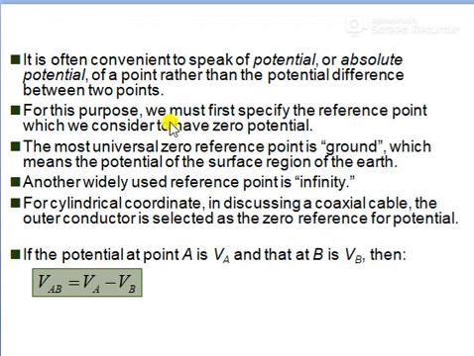For this purpose, we must first specify the reference point which we consider to have zero potential. The most universal zero reference point is ground, which means the potential of the surface of the earth is zero potential. Another widely used reference point is infinity.